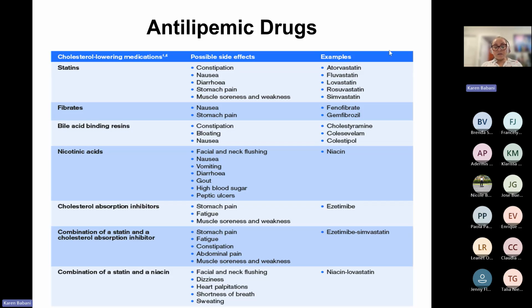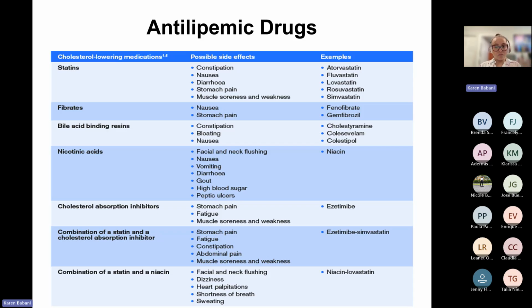Your medications are all the ones that end with statin: atorvastatin, fluvastatin, lovastatin, rosuvastatin, simvastatin. Your fibrates can give you nausea and stomach ache: fenofibrate and gemfibrozil. The sequestrants, like I said, are the bile acid binding ones. They kind of sequester, kidnap fat, and that's the way that they work.